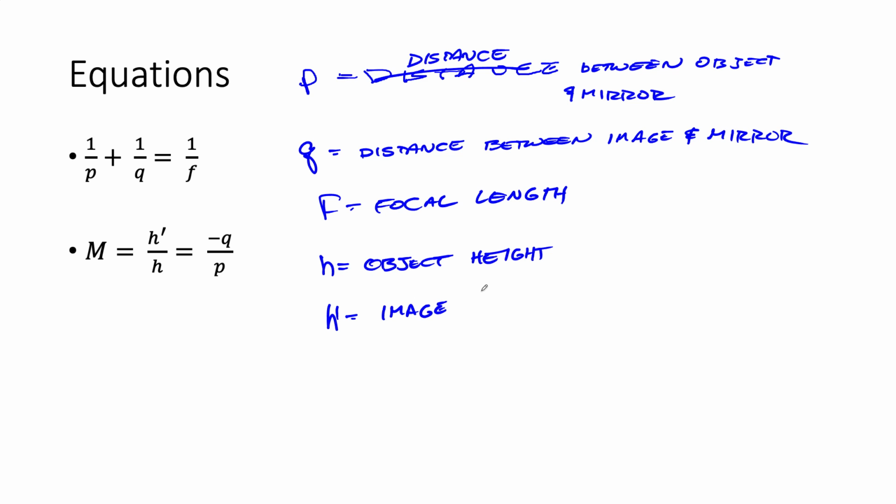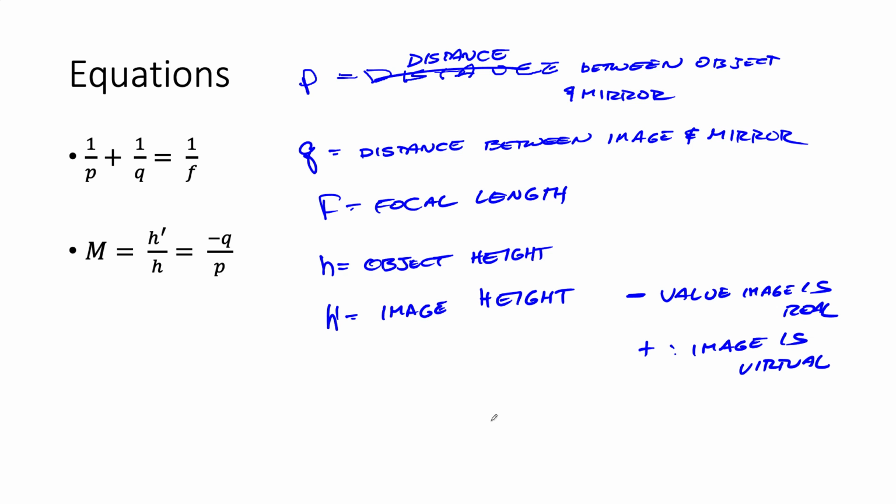We say height, but basically it's the same, the dimensions. And remember, if the image is real, it will be inverted, so H prime is negative. A negative value means the image is real. If the value is positive, the image is virtual.